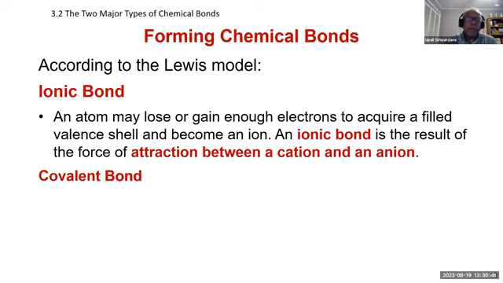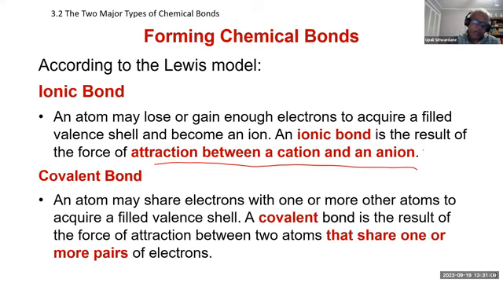According to Lewis' model, an ionic bond is formed by losing or gaining electrons to form cations and anions. An ionic bond is the result of attraction between cations and anions.